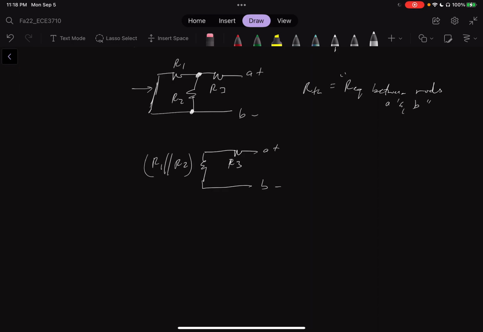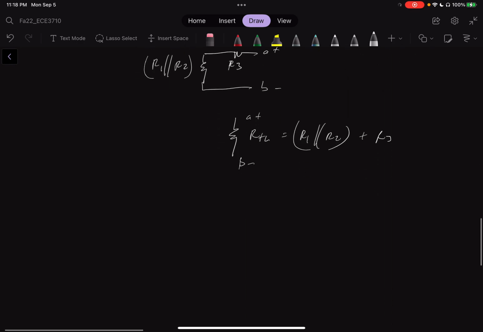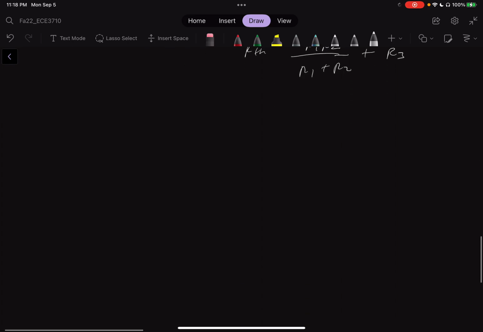Now we notice that R1, which is in parallel to R2, that as a system is in series with R3, so we can simplify the drawing further, call this R Thevenin, where R Thevenin is equal to R1 in parallel to R2, all of that is in series with R3. Mathematically speaking, that would look like R1 times R2 divided by R1 plus R2, plus R3. That's R Thevenin.